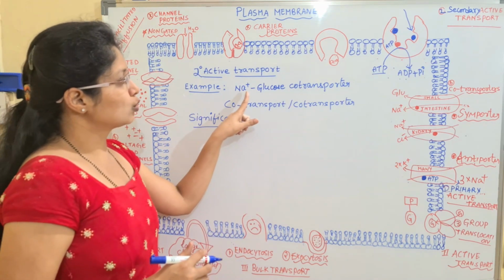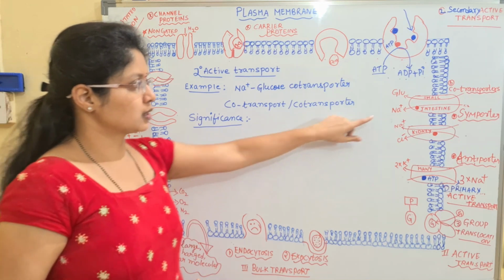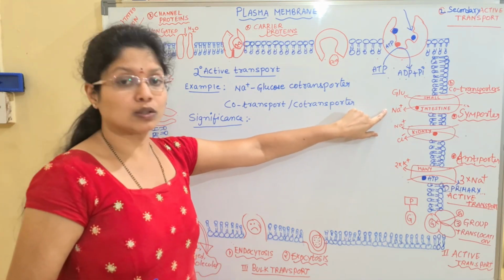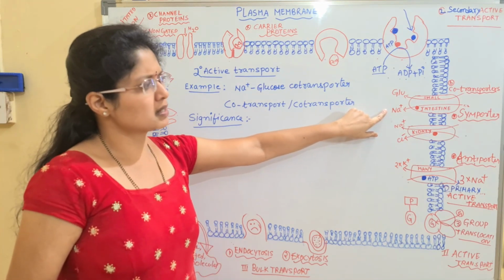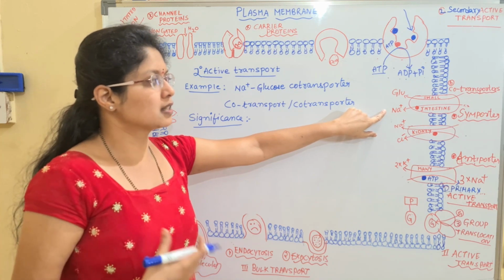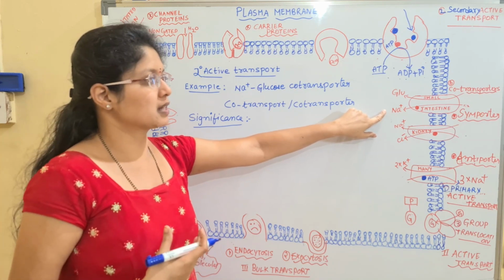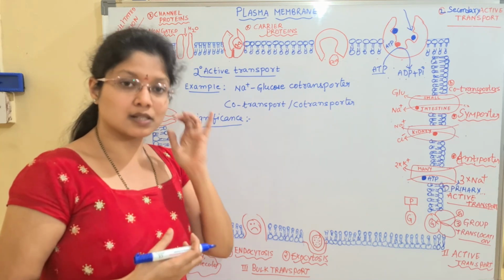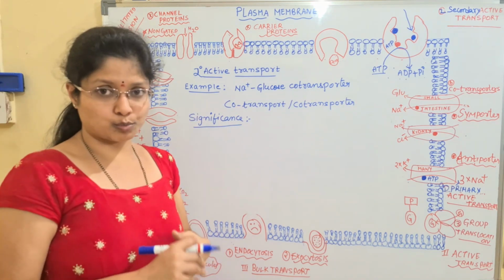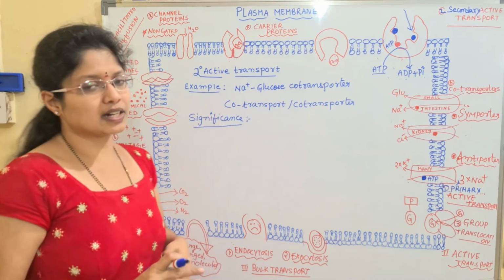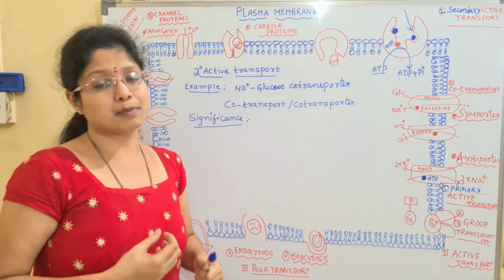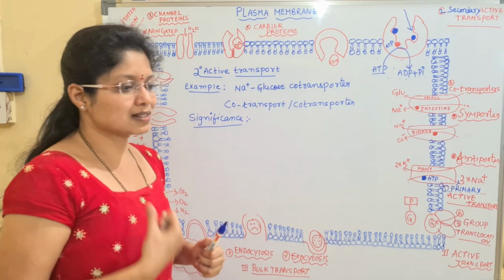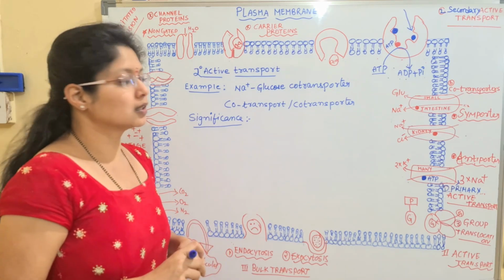In the case of the sodium glucose co-transporter, which is mainly present in the small intestine, it is present on all cells, but more of these proteins are present in the small intestine. Then what is the significance of this glucose sodium transporter? The name itself indicates that glucose is taken inside the cell cytoplasm along with the sodium.